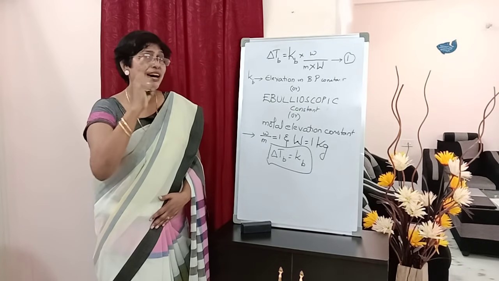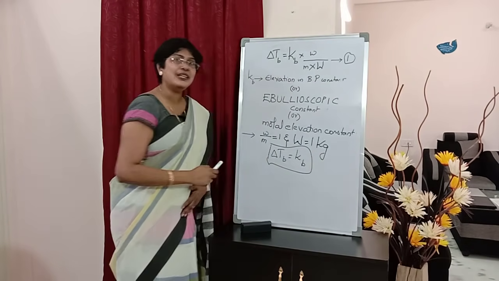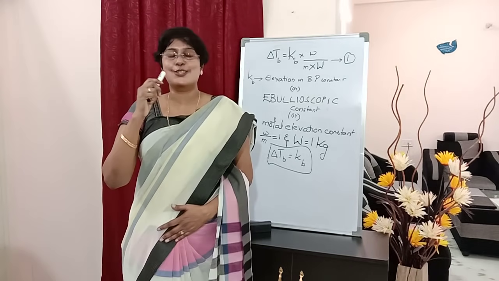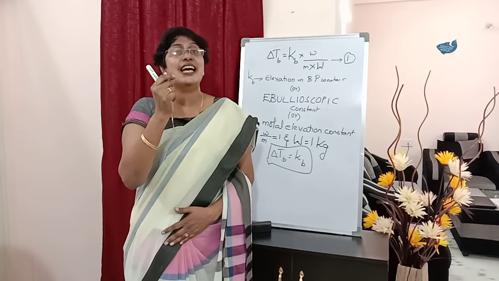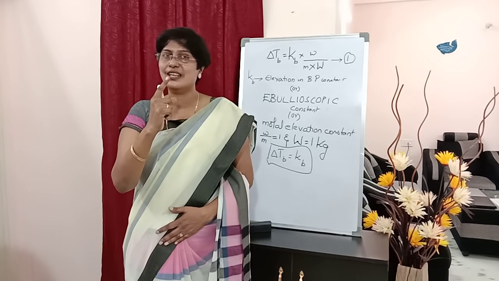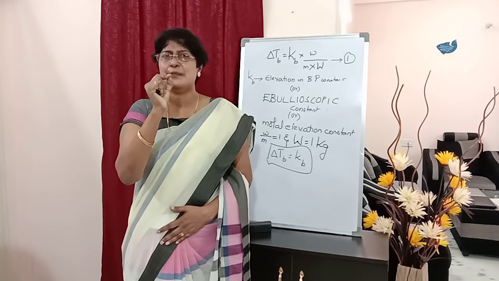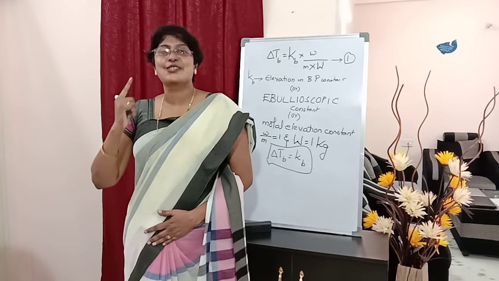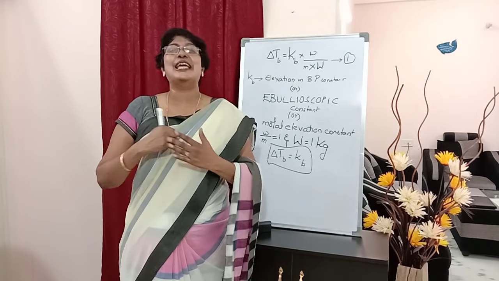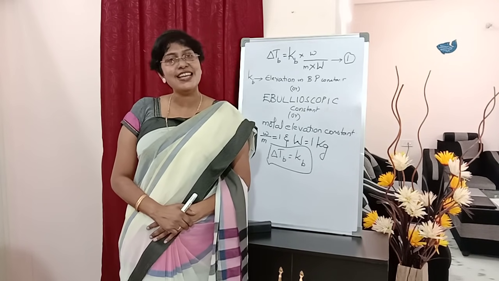That means 1 mole of solute. What is capital W? Weight of the solvent. How much is the weight of the solvent? We assumed it as 1 kg. Okay. Now the solution is prepared by dissolving 1 mole of the solute in 1 kg solvent. Then only Kb is equal to delta Tb.